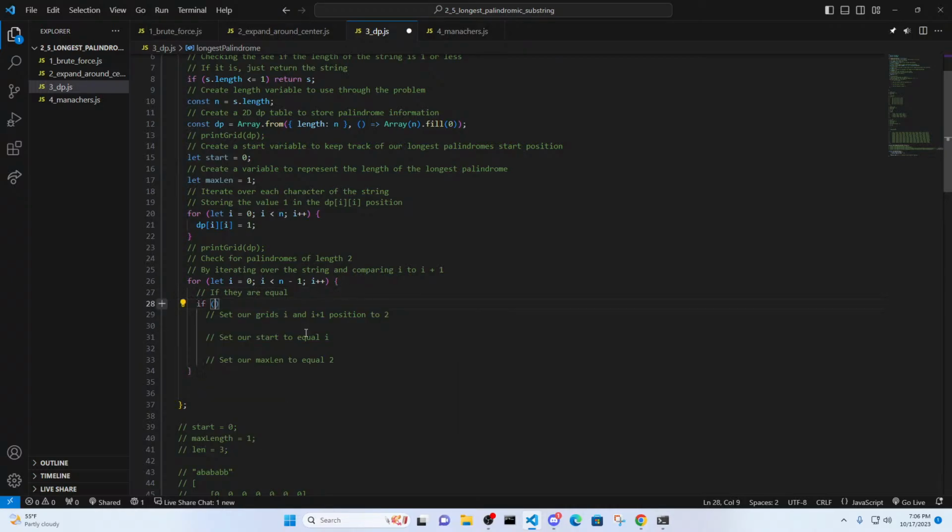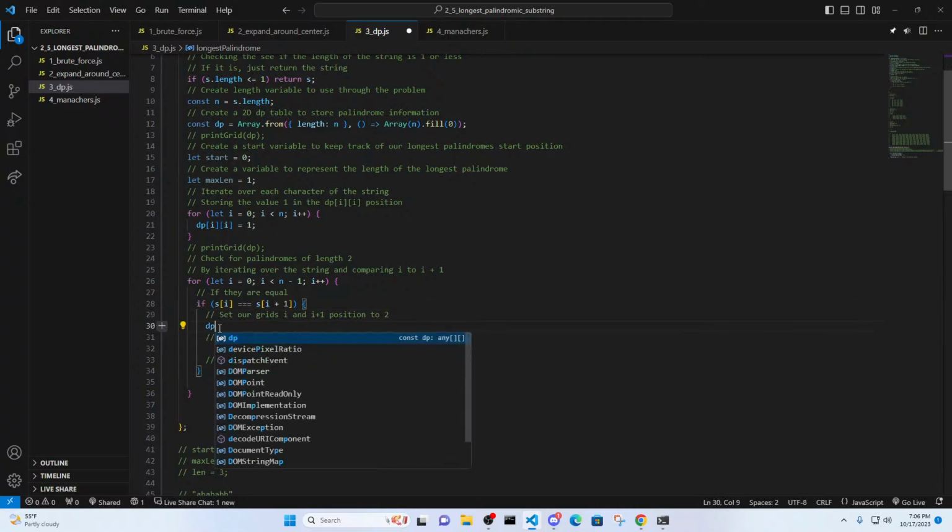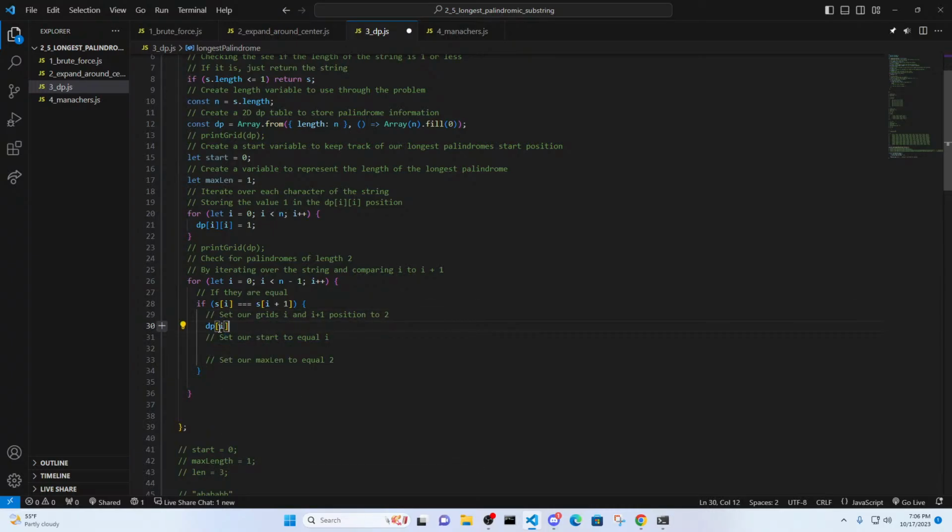And if s[i] equals s[i+1], we'll set our dp[i][i+1] equals 2.